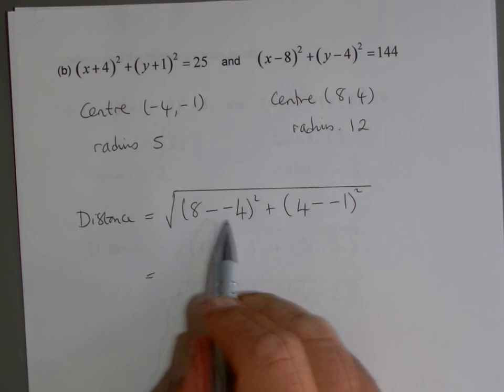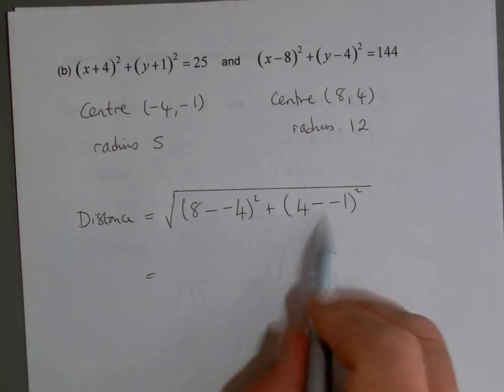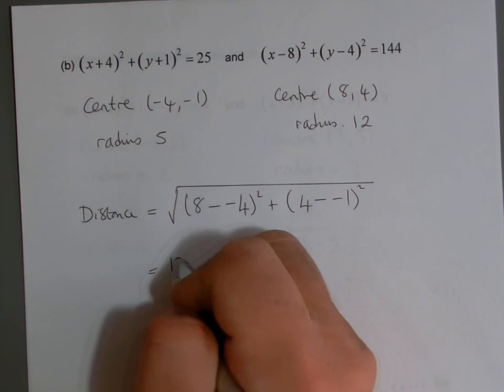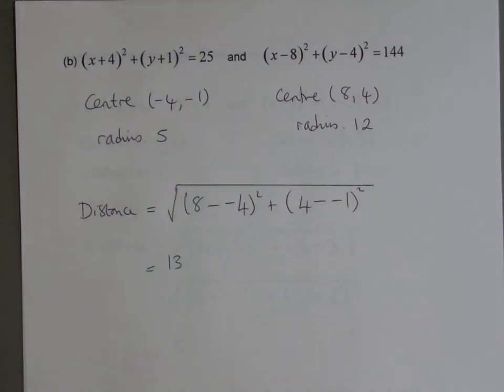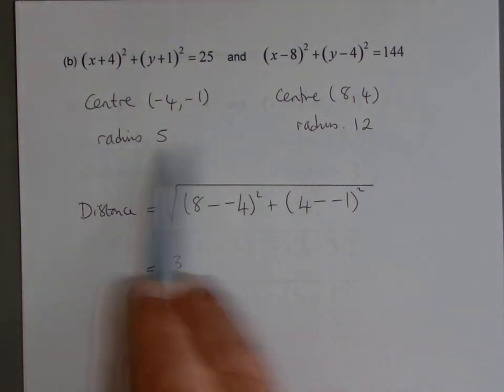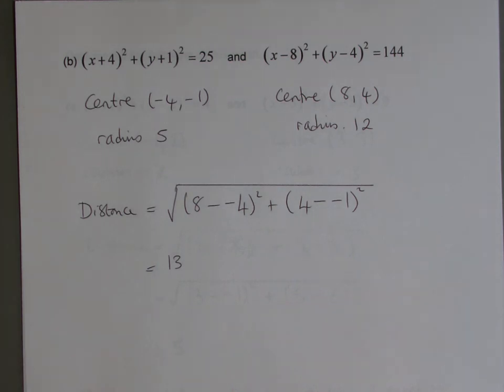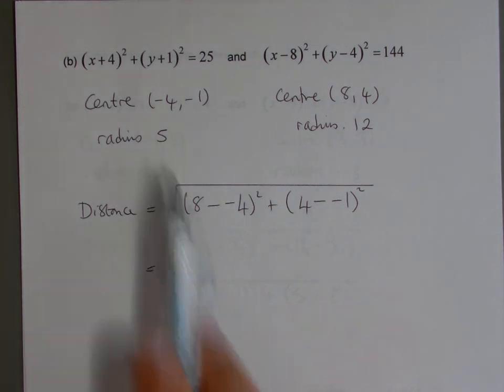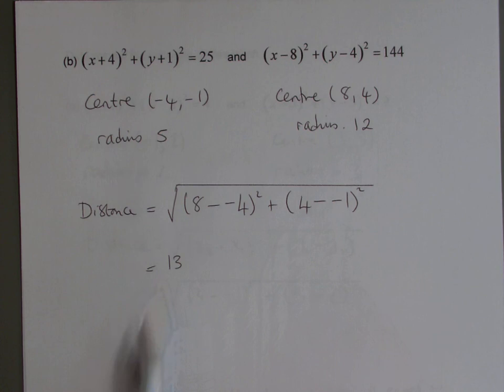So that obviously turns into a positive. When you work this out you end up getting 13. Now the distance is 13. If you add the two radii together you get 17. However, the distance between the centers is only 13.